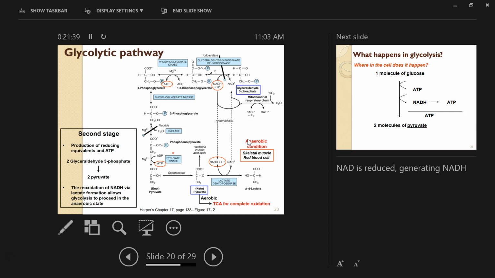And because of this cycling, NADH is used in the reaction of pyruvate conversion to lactate. So again, under the anaerobic condition, there will be no net NADH produced during glycolysis.